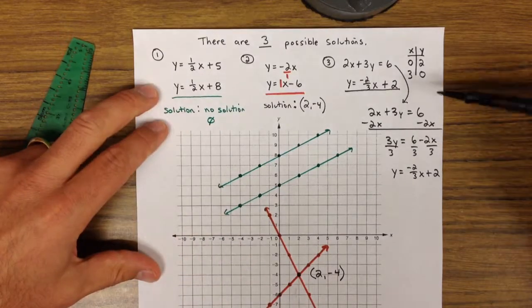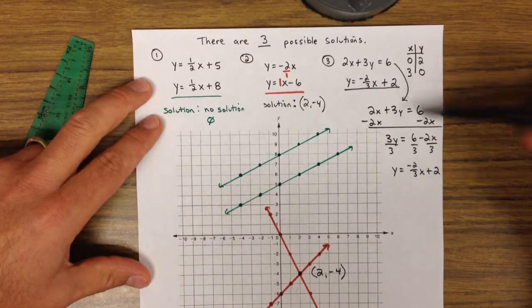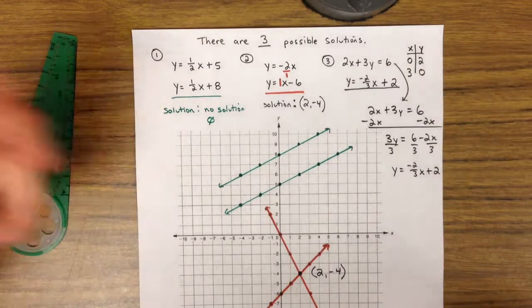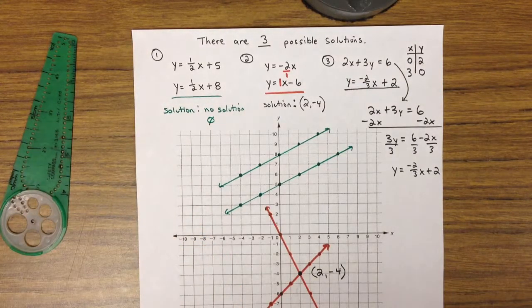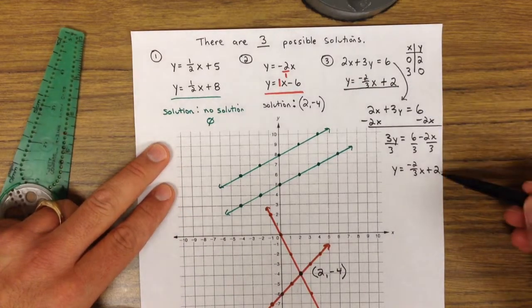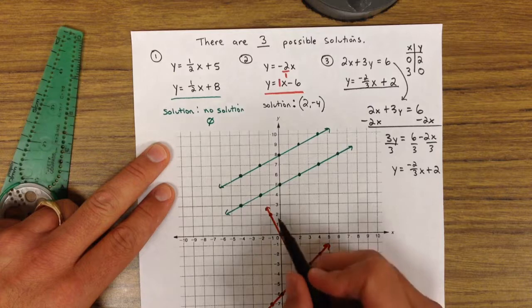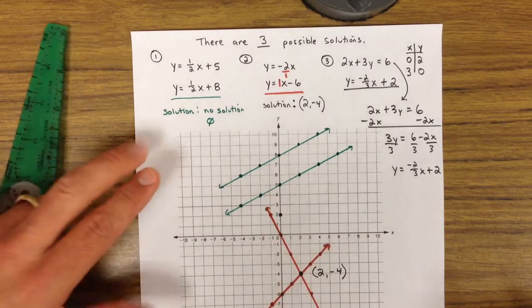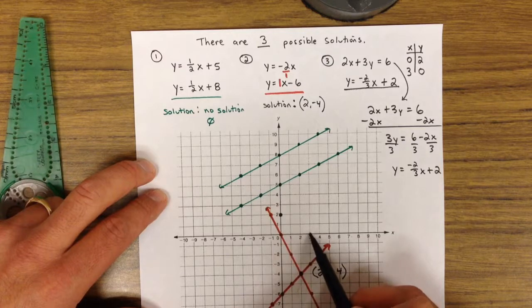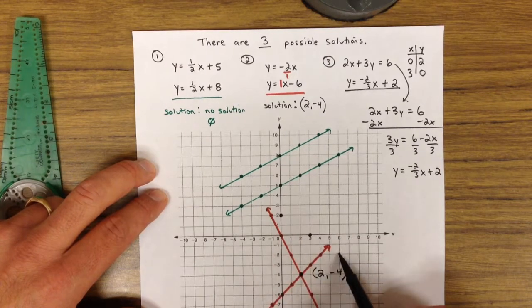What you notice is that when I put this in y equals form, I get the same thing as my second equation. So when I go to graph this, this one crosses at 2, but so does this one. So I have a y-intercept at 2, and I have a slope of negative 2/3, down 2 over 3.